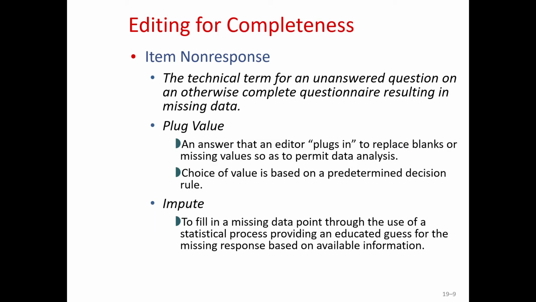Editing for completeness. In some cases, the respondent may have answered only the second portion of a two-part question. It's a question like, let's say, does your organization have more than one computer network server? It's yes or no. If yes, how many?